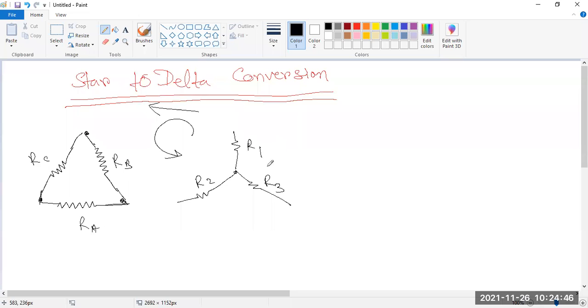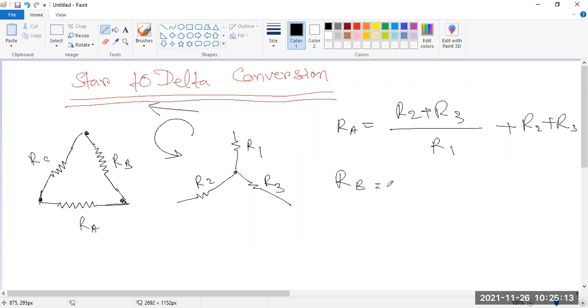Now we are going for the formulas directly. We have to write RA equal to, because time is less, I will explain so later. Look, RA equal to R2 plus R3. Just write down the formula first, by R1, and that is R2 plus R3.